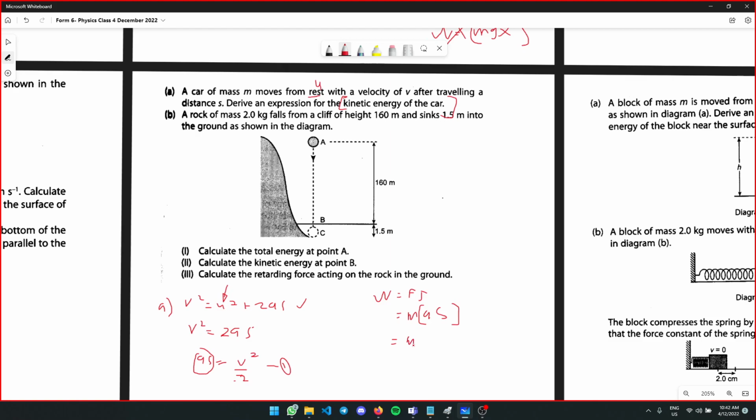So I can also put mass times velocity squared over 2, and I can also write that as 1 over 2 mv squared. That's the kinetic energy of a car. That means it comes back to work here.